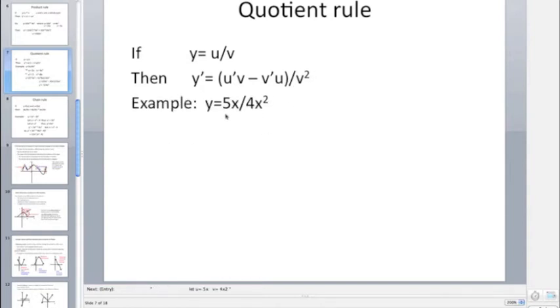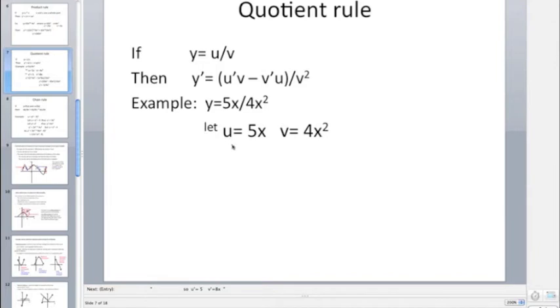If we have, for example, y equals 5x divided by 4x squared, then to make it easy, we let u equals 5x and v equals 4x squared. In this case, it is the same as this one.